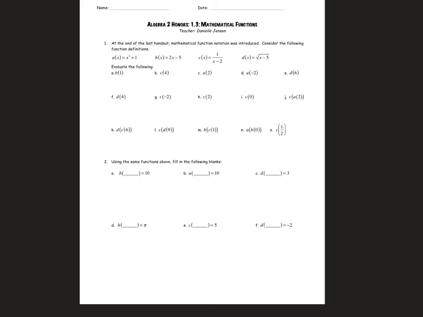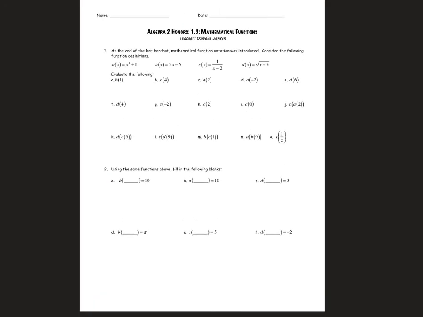And the graphical test, if we were to look at a graph and see if it is a function, would be the vertical line test. Because if every input only goes to one output, oh, that's a terrible color choice.